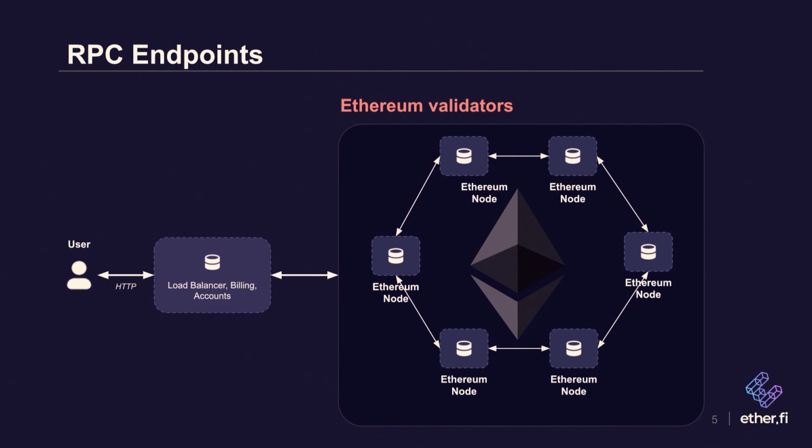Relatively straightforward. And the way an RPC endpoint service would work is you have a whole bunch of nodes that are out there, and they're peered and talking to each other. And then you put a load balancer in front of it that handles things like accounts. So you want to make sure this user is the user that's doing the requests. It handles billing, so you make sure you charge the right user for the right thing.